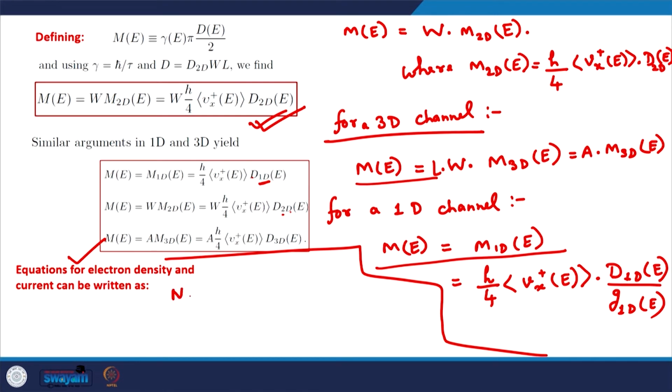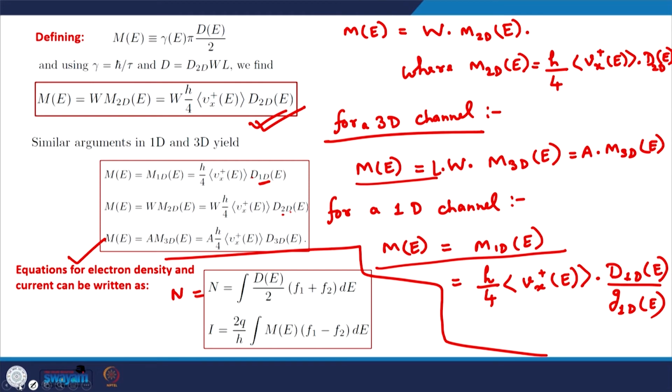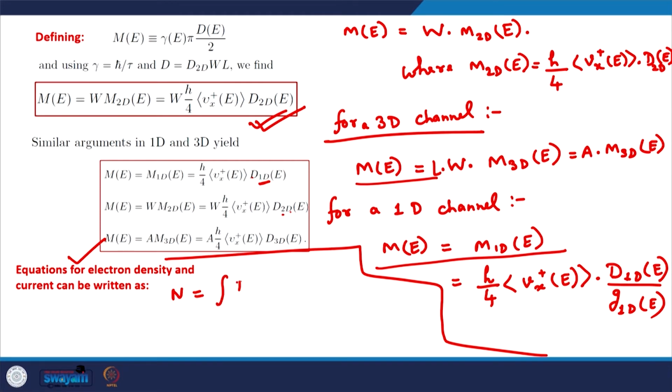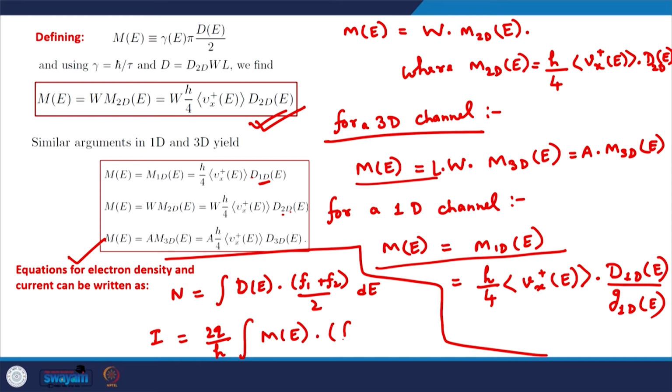So, finally, the way we can sum it up is that the electron density in the device in equilibrium, or the total number of electrons in the device in equilibrium, can be written as the integral of D(E) times (F1 plus F2)/2 dE, where D(E) is the number of electronic states per unit energy in the channel, and the current can be written as this constant 2q by h, integration over M(E) times (F1 minus F2) times dE, where we now know explicitly the forms of D(E) and M(E).